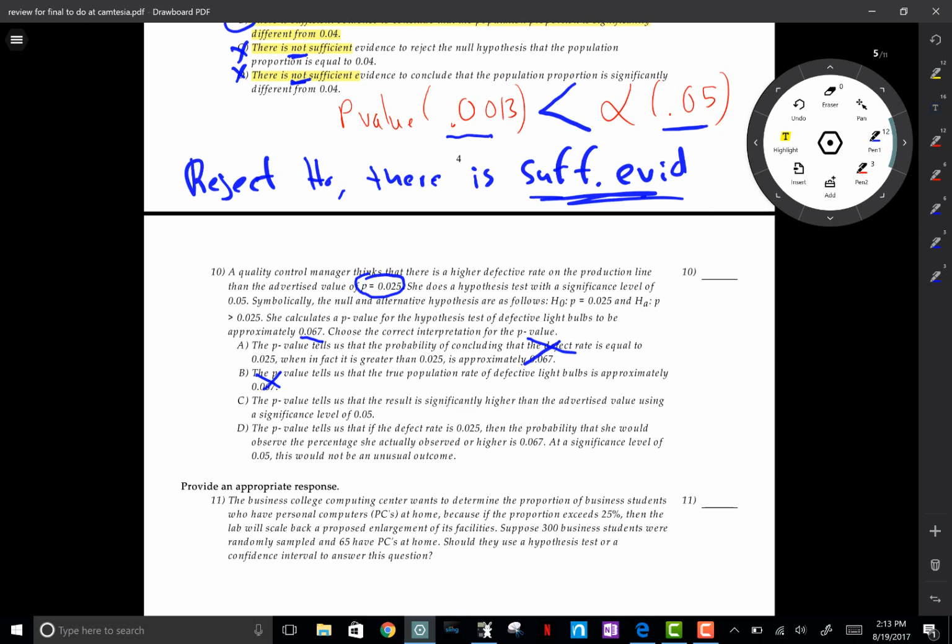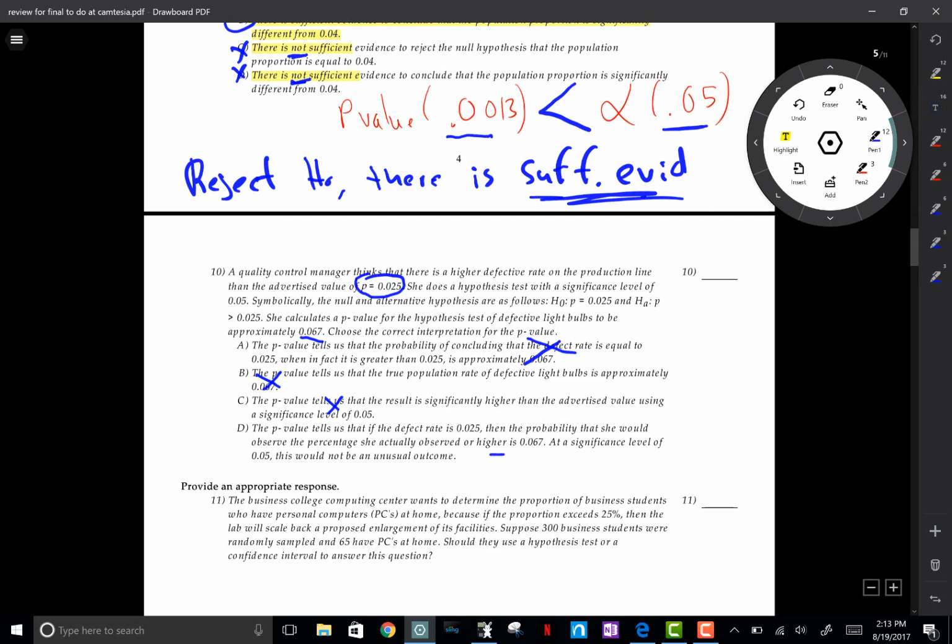C is saying the p-value tells us that the result is significantly higher than the advertised value using a significance level. Once again, it's not saying that, it's just talking about the significance level and the p-value, comparing the two. So that one's something different. D says the p-value tells us that if the defect rate is 0.025, the probability that we will observe the percentage she actually observed or higher is 0.067.